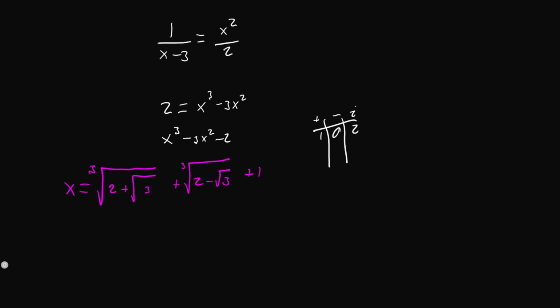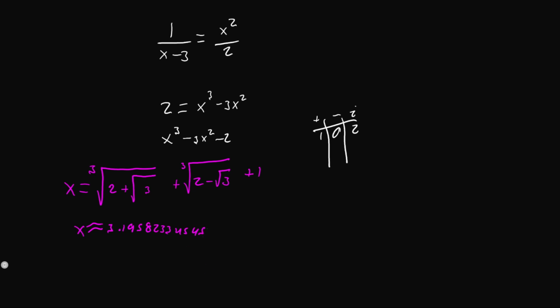So we have the cube root of 2 plus the square root of 3 plus the cube root of 2 minus the square root of 3 plus 1, which is approximately 3.1958234545.